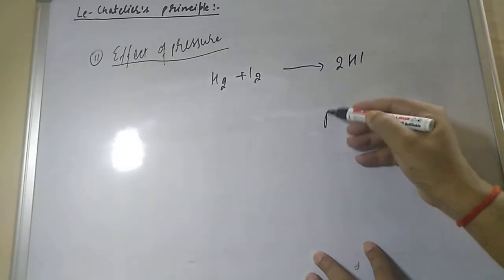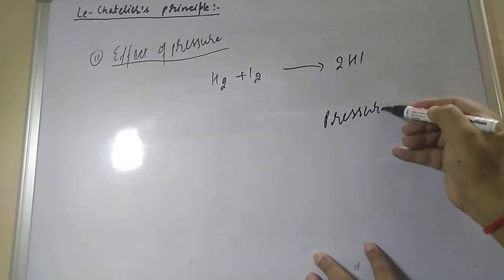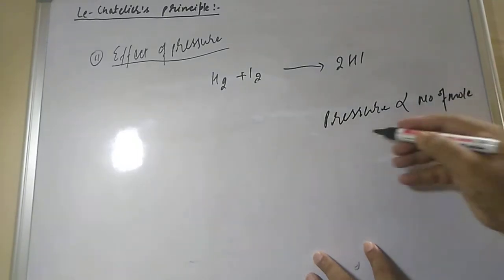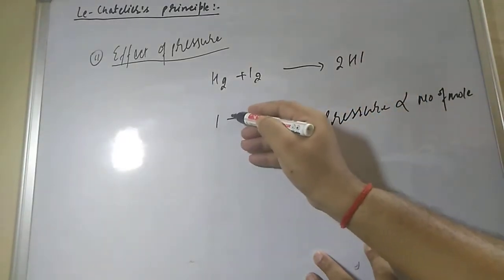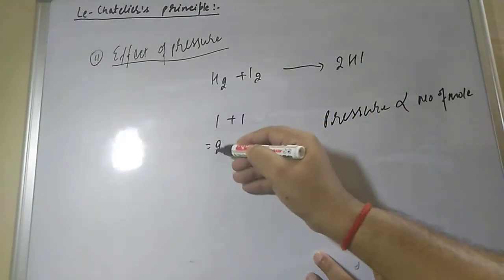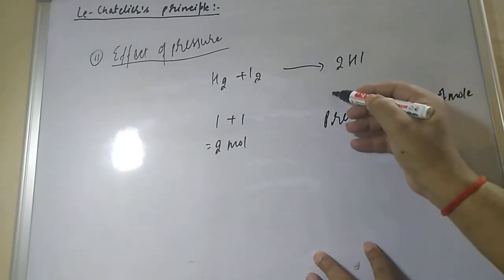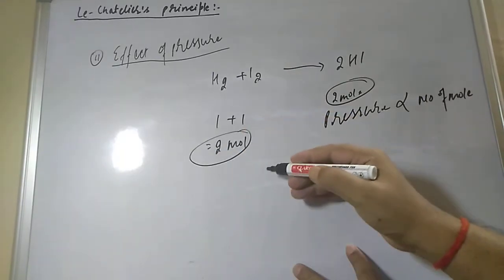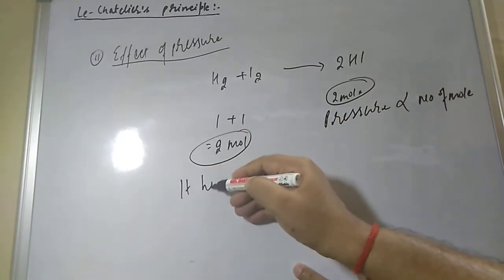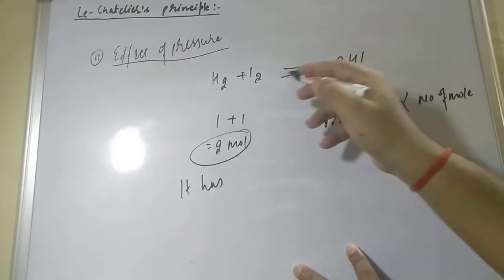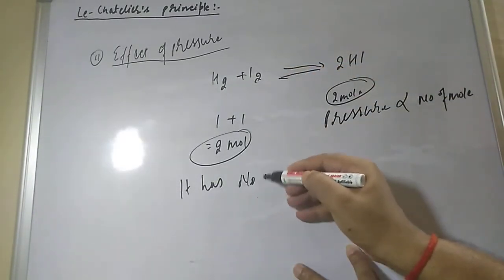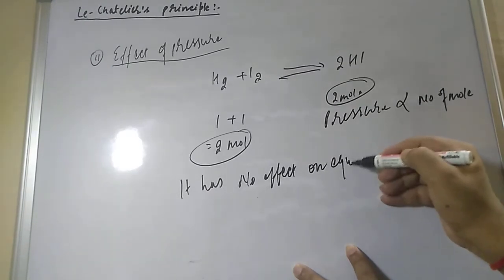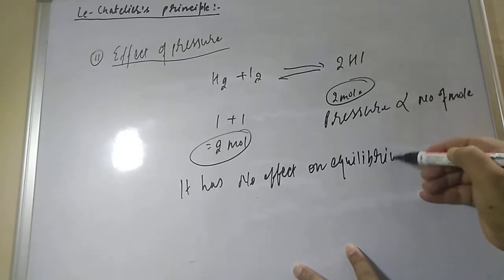Pressure is proportional to the number of moles. On the reactant side, 1 mole plus 1 mole makes 2 moles, and on the product side there are also 2 moles. Both sides have 2 moles, so pressure has no effect on the equilibrium of this reaction.